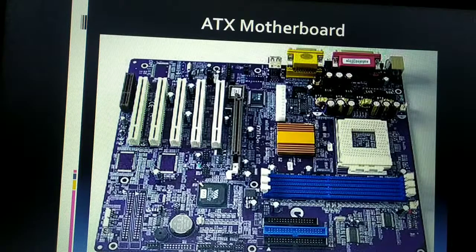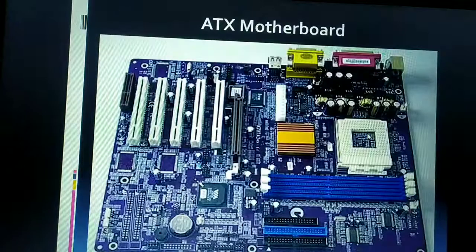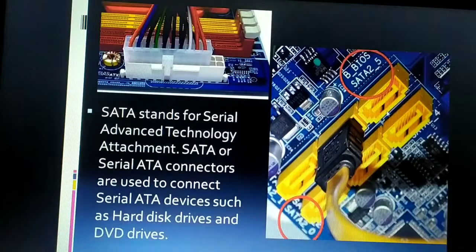It also provides one more connector known as SATA, which stands for Serial Advanced Technology Attachment. You can look here, these are the SATA connectors, it is written here already.